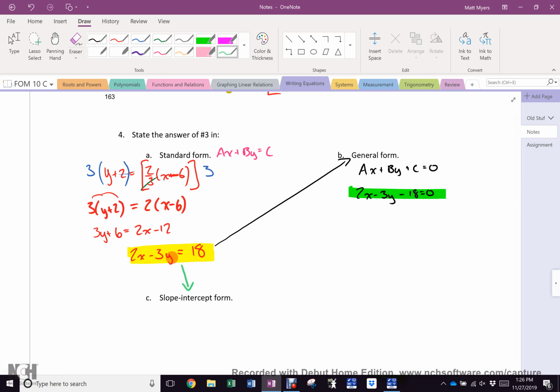Now, what would I do to get slope-intercept form, which is y = mx + b? What's the only thing I do? You isolate the y.